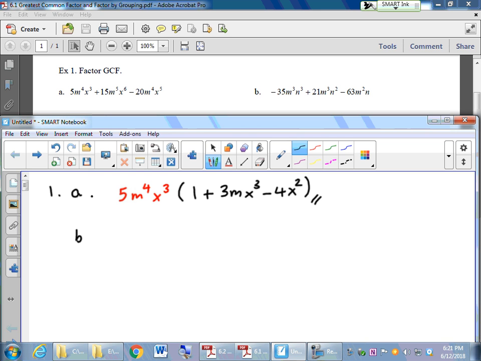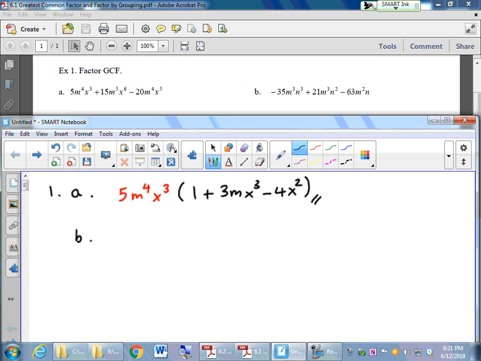B. In this example, we want to factor out a negative as the GCF as well. You can factor out negative 1 as the greatest common factor for any factoring problem, but we will only do that as we need it in the future.